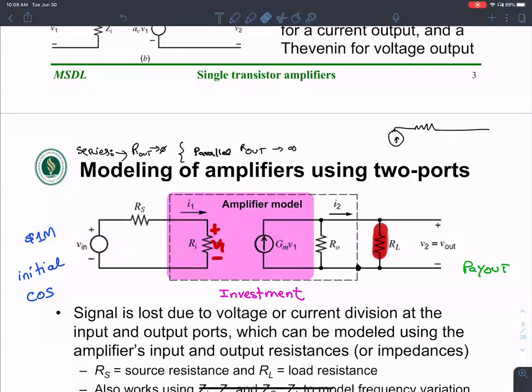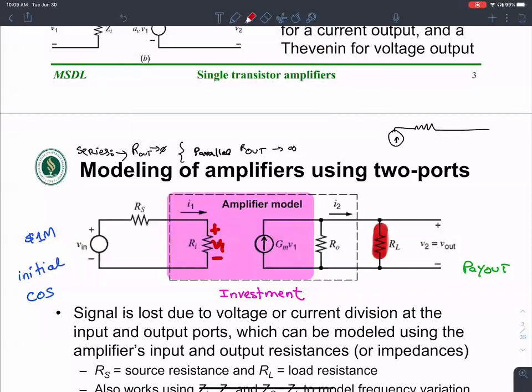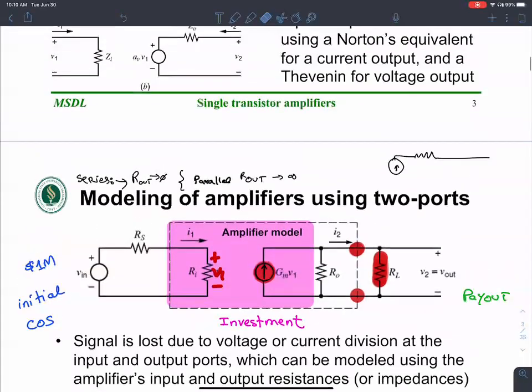If there's a constant current source, across its terminals the voltage is going to be the same across all the parallel paths. So this idea of a current source in parallel with the resistance is the definition of the Norton equivalent.